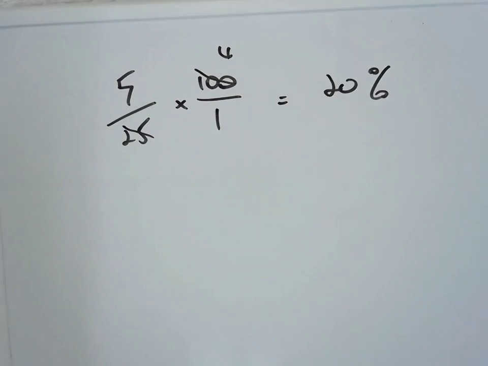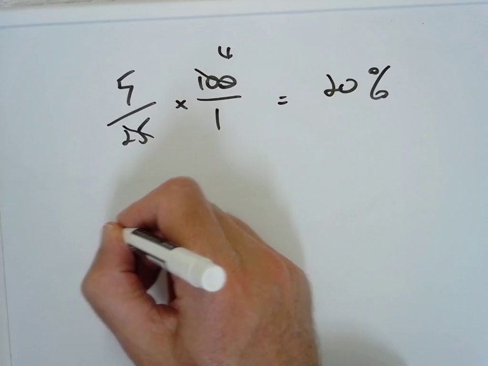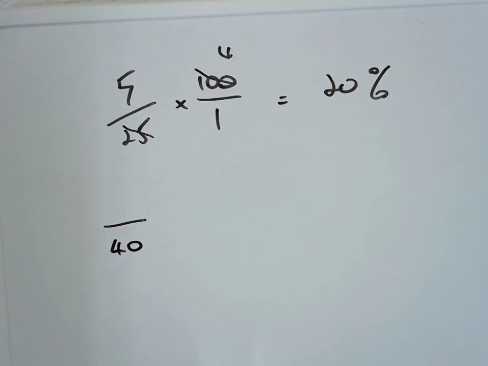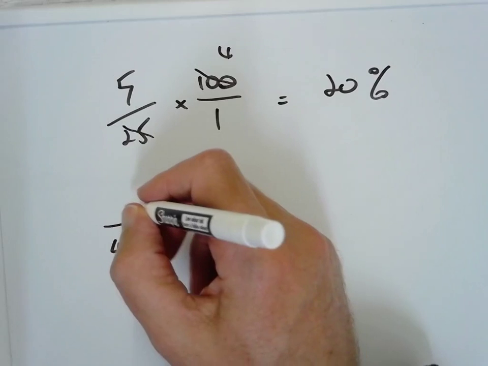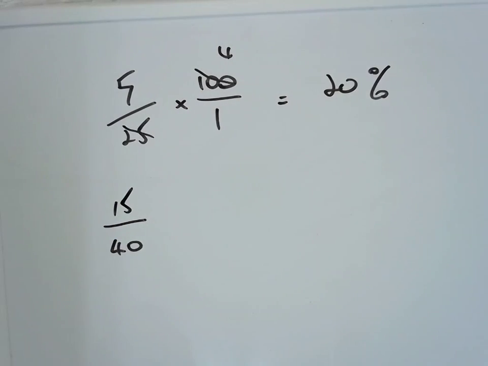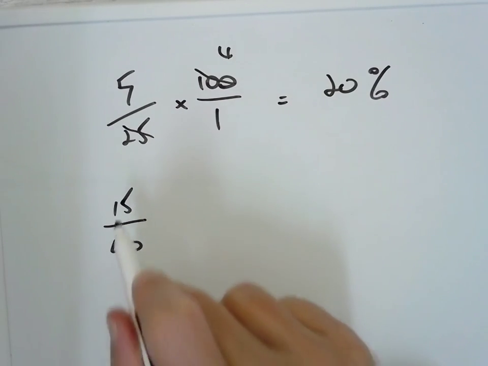Let's do one more. Let's just say I'm looking for the percentage of blonde-haired kids in the class. Let's just say I have 40 kids in the class, and I count them up, and let's go 15. 15 of them are blonde. Okay. What percentage are blonde?